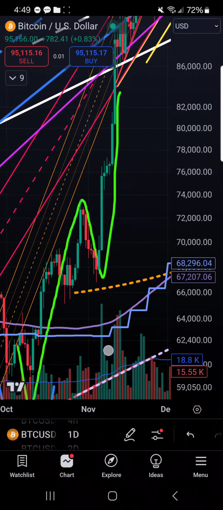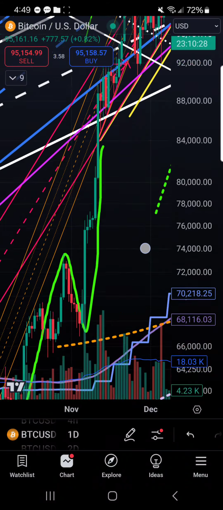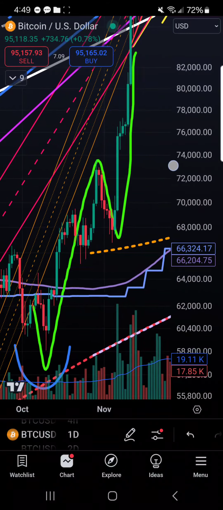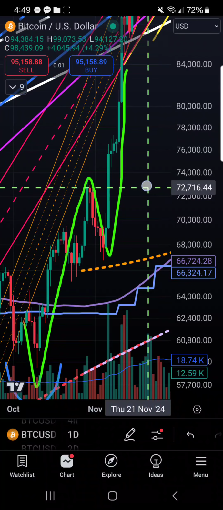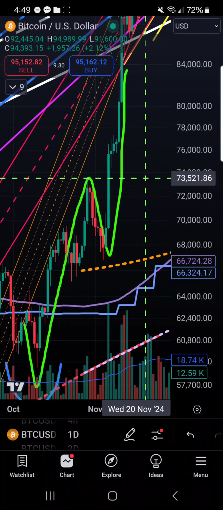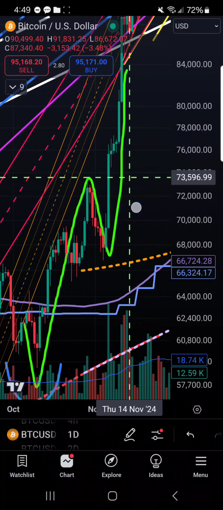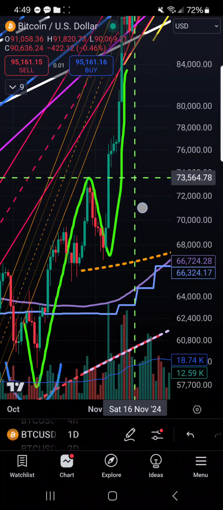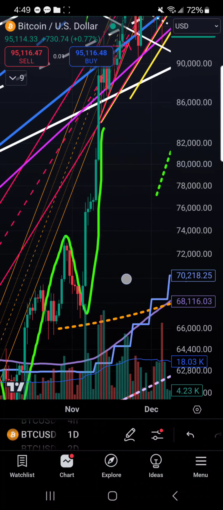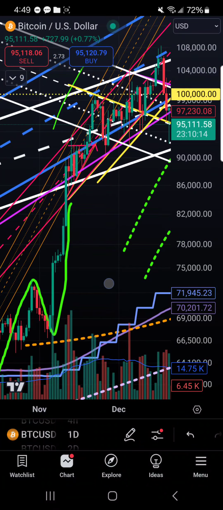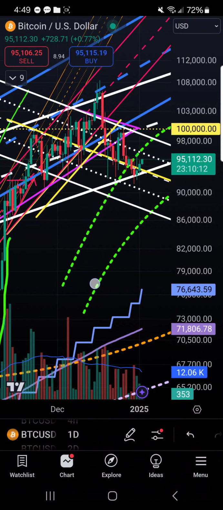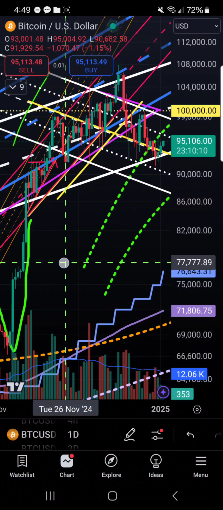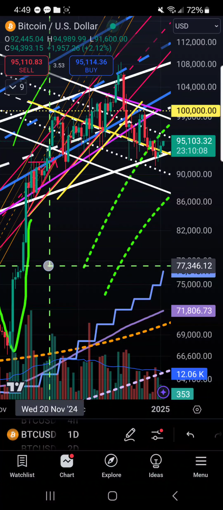And this just kept going and going and going to where we're at today. See, that is 74 right there. That's why everybody thinks we're going to come back down here and retest that. You don't need to do that in a strong market. Do we come back down to maybe here? That's 77.